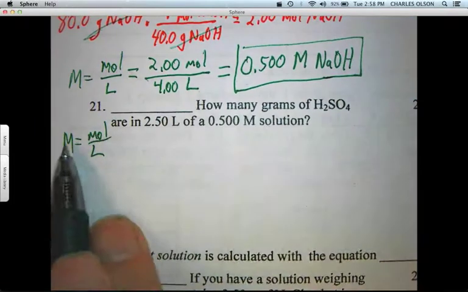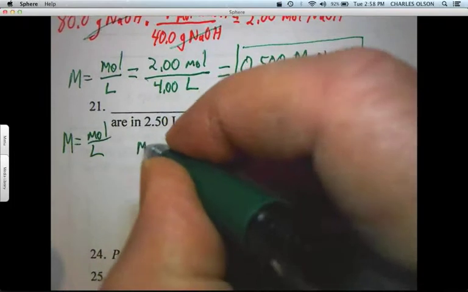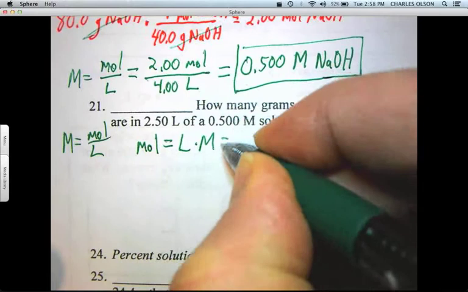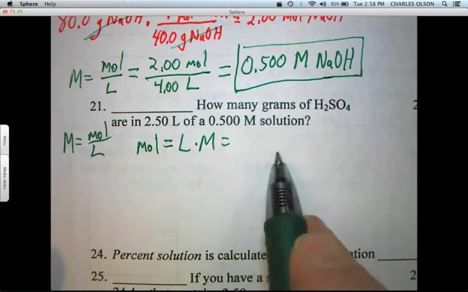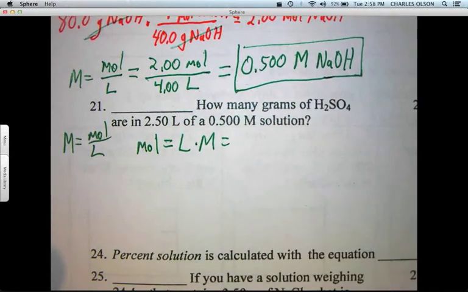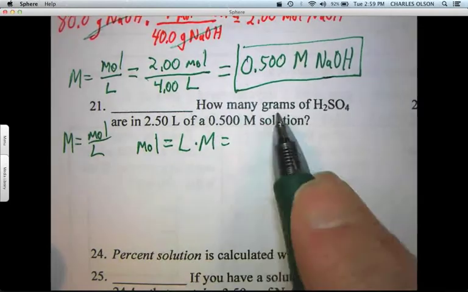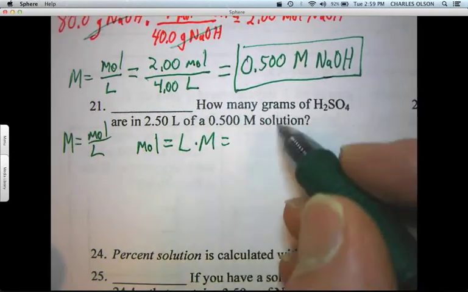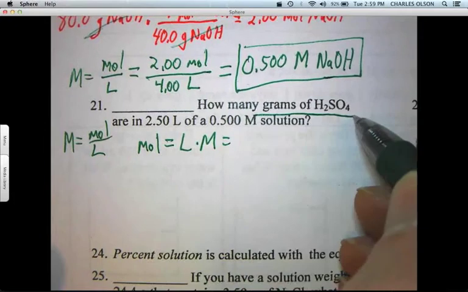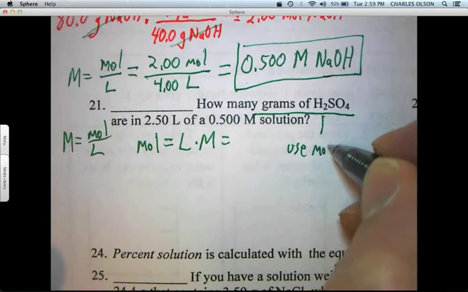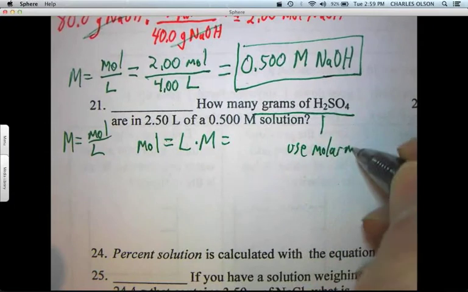Moles equals liters times molarity. And we'll be able to get the moles. However, we're not quite done because the question asks for grams. So we will need to convert using the molar mass.